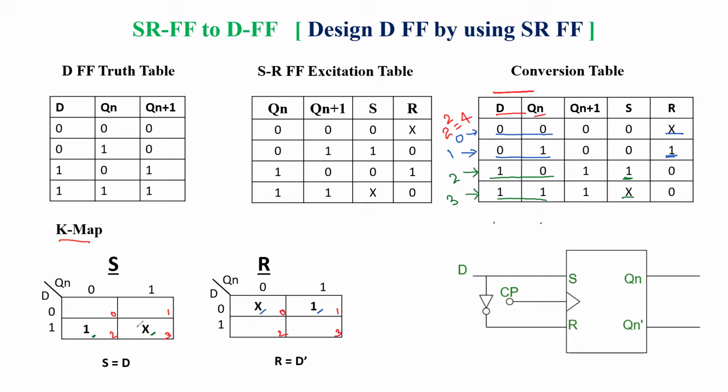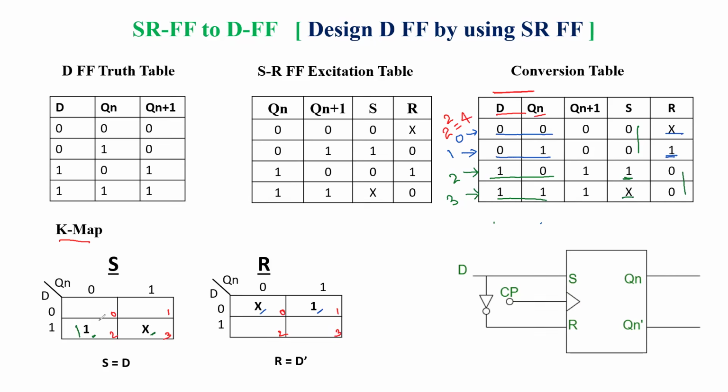Now we have to find the Boolean function for this. To obtain the Boolean function, we will try to make the combinations. The 0, 0 we are not writing, whatever value you are seeing here, since it is going to give us a complement, so we are not using it. When it is 1 and don't care, only those we are using.